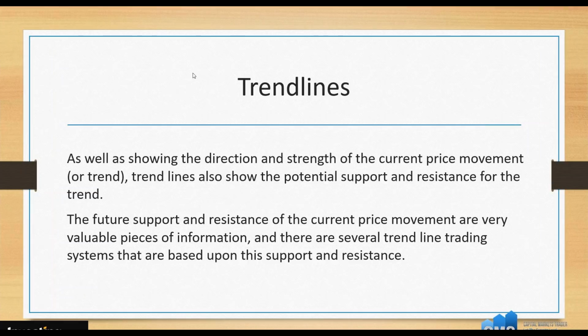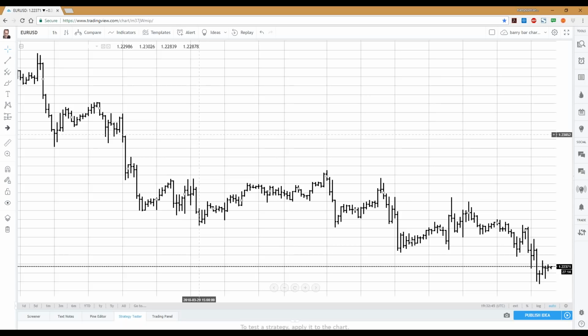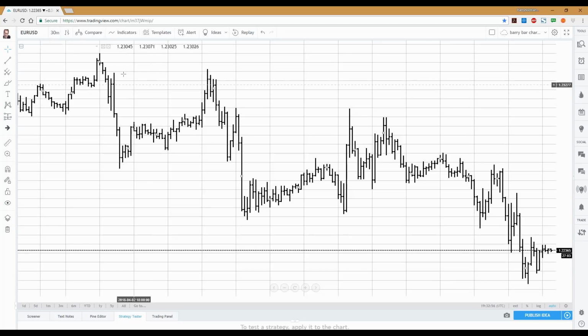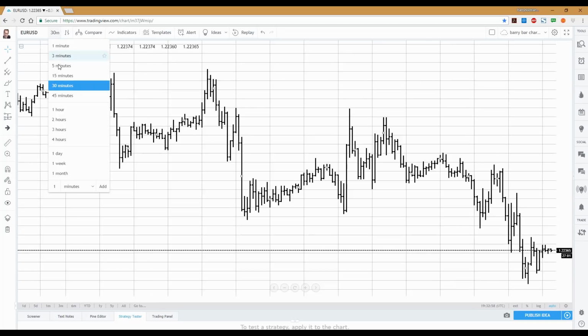So let's go back over to the Euro US dollar. And we need to put a trend line on the chart. And you can put a trend line on whatever chart you're working on. And you can have medium-term trends, short-term trends, long-term trends.